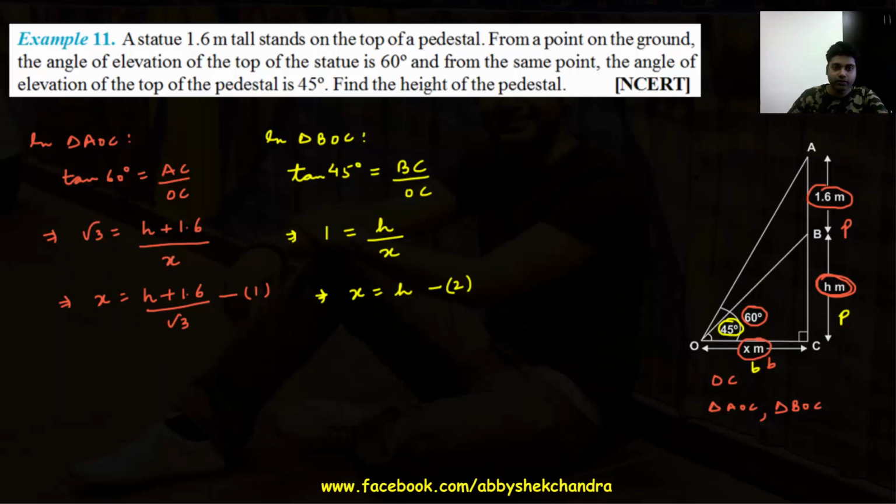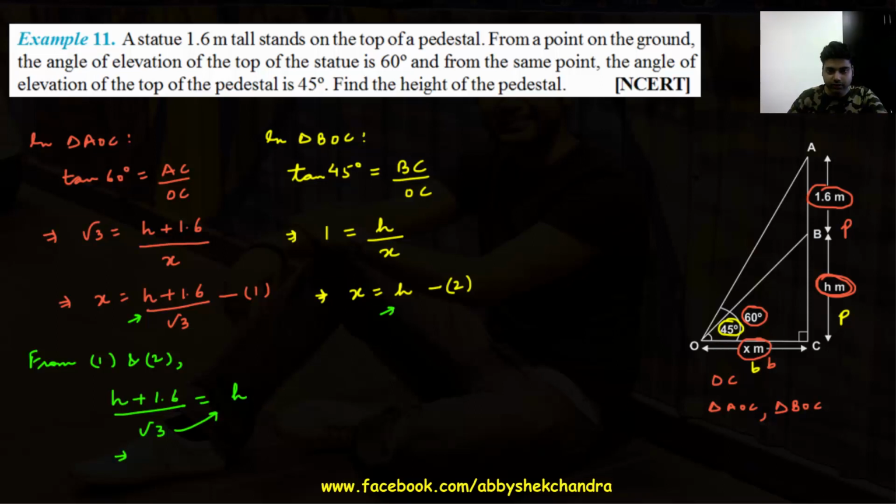Now from 1 and 2, this is also X and this is also X. Let's equate the values. H plus 1.6 by root 3 equal to H. Take this root 3 to the other side.